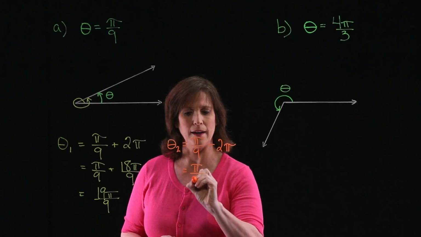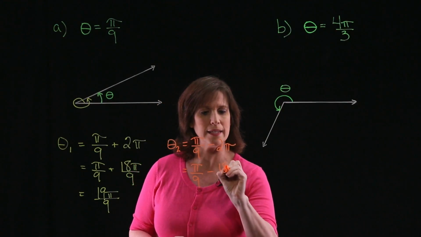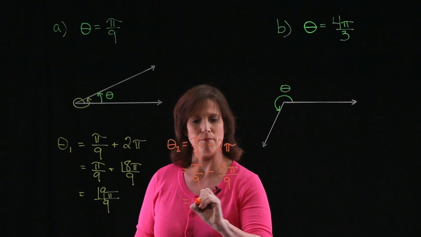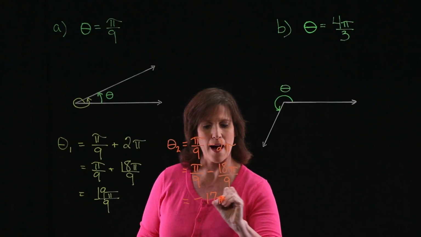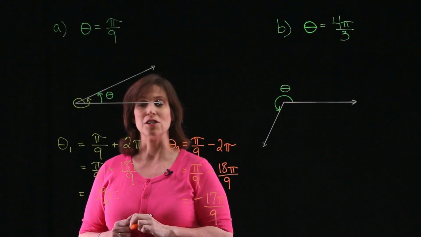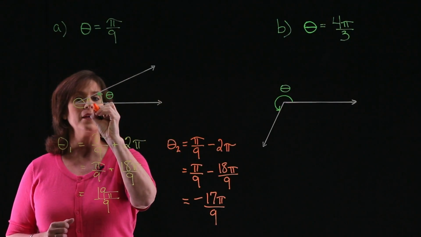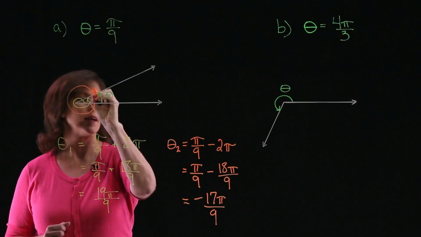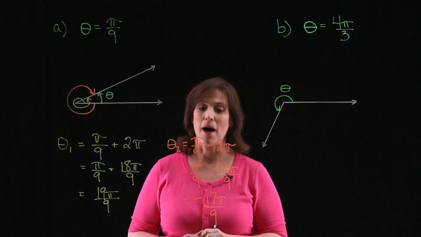So we have pi over 9 minus 18 pi over 9, and we have a measure of minus 17 pi over 9. Now, what does that look like on my picture? Starting from the initial side, I'm going to rotate in a negative direction till I hit 17 pi over 9.